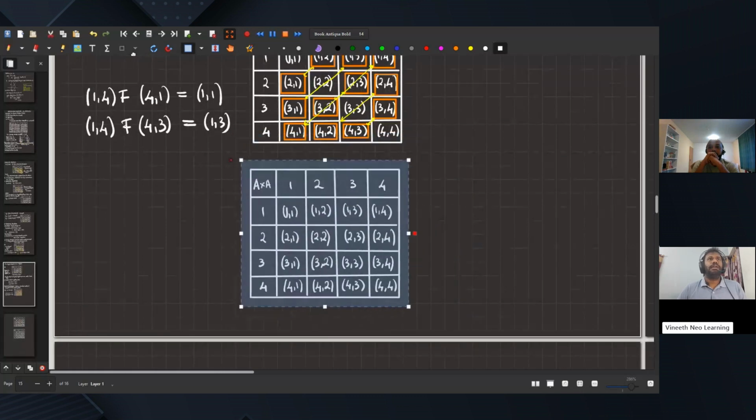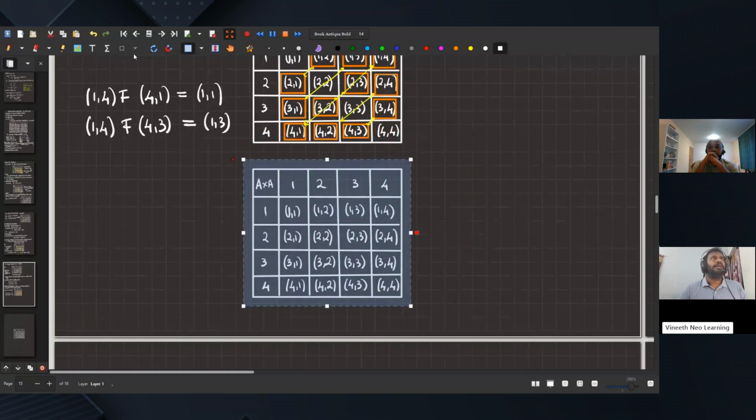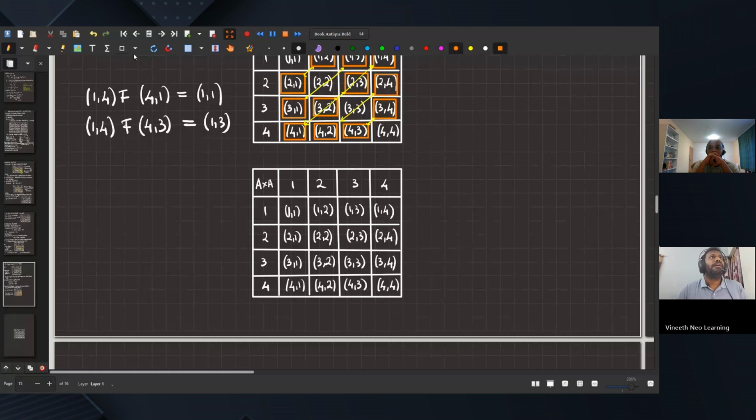Okay, let's look at that second transitive product here. 1 comma 4 and 4 comma 3, meaning 1 comma 4 is here and 4 comma 3 is here. Okay, what is its product?